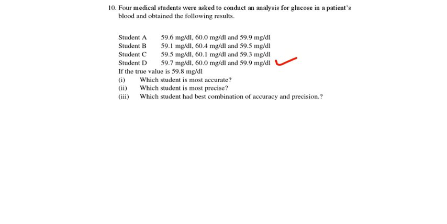And then, which student is the most precise? Which one is having values closer to themselves? 59.6 to 60.0, that's a difference of 0.4. And this to that, that's a difference of 0.1. This is 0.4. Check the next one. 59.1 and 60.4. That difference is big. 59.5, 60.1, 59.3. The difference is big compared to the first one.